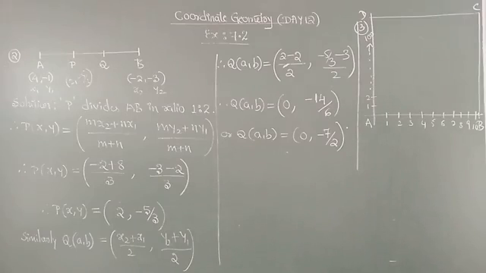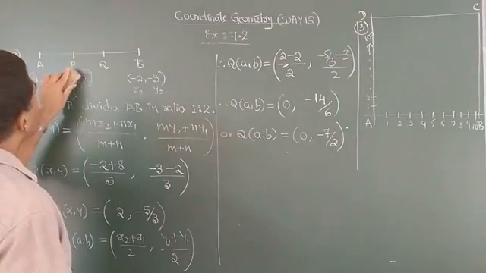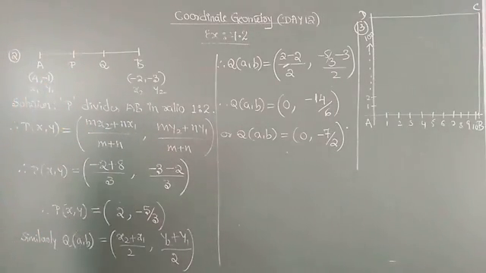Second question is, find the coordinates of the points of trisection of the line segment joining (4, -1) and (-2, -3). This question I am discussing now, but we have done this type of question already.